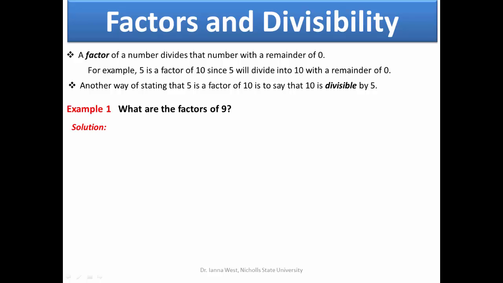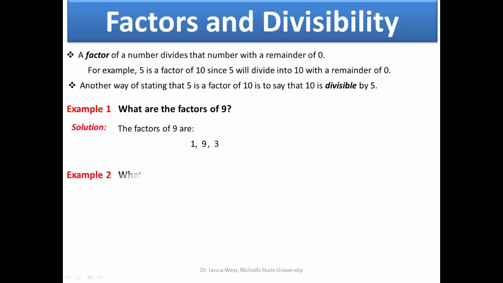If a number has more factors than 1 and itself, that means there are other numbers that will divide into it with a remainder of 0, or divide evenly into it. Therefore, the factors of 9 are 9 and 1. Also, since 9 is divisible by 3, and 3 times 3 is 9, 3 is a factor of 9.